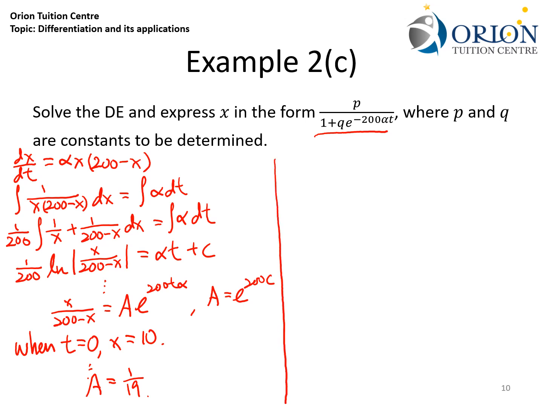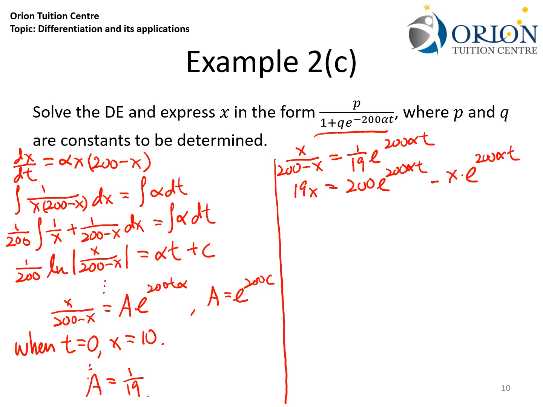Now with this, I will have my particular solution. And therefore, let's substitute all of them into our solution. I will get x over 200 minus x equals 1 over 19 e to the power of 200 alpha t. And next, I can do some manipulation to get 19x equals 200 e to the power of 200 alpha t minus x times e to the power of 200 alpha t.